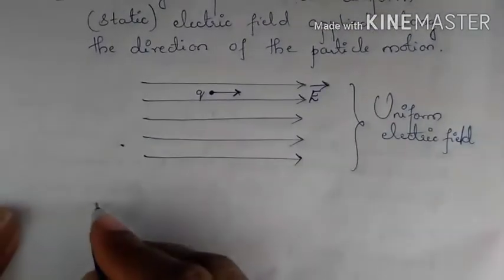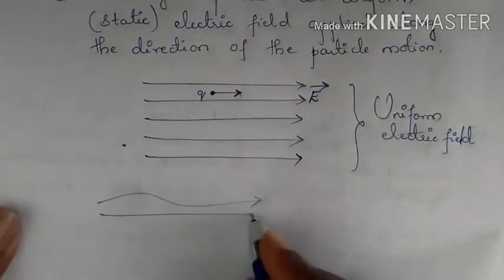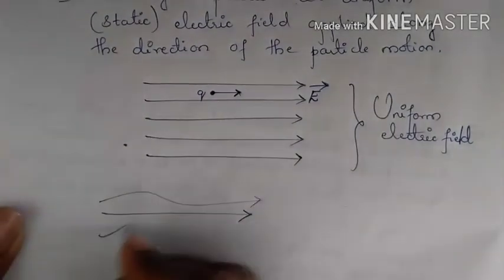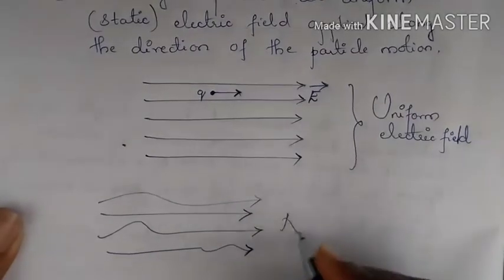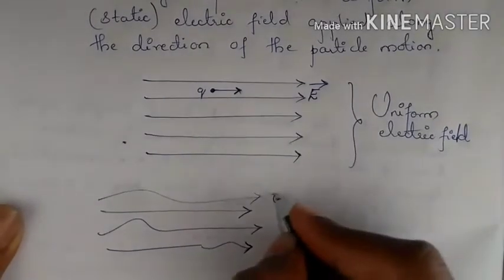If someone denotes the field like this, that gives the non-uniform electric field.